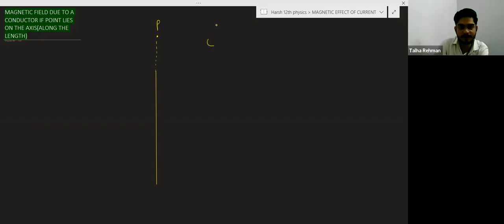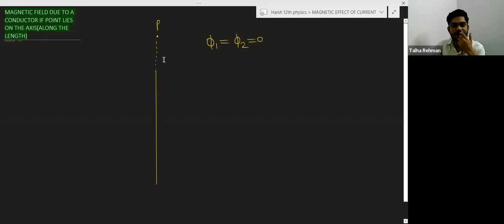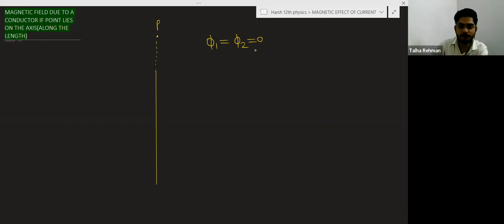So what is the value of phi 1 and phi 2? This time they will become 0 degrees, because this point is lying on the axis. When you put the value in the formula, B is equal to mu naught divided by 4 pi, I by a, times sine of 0 degree plus sine of 0 degree.